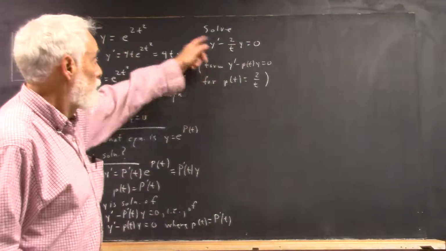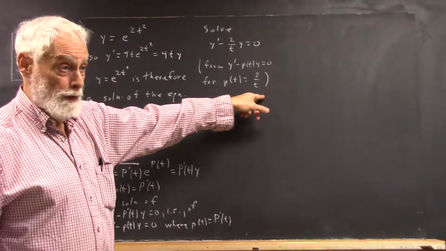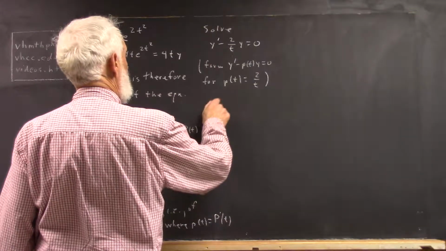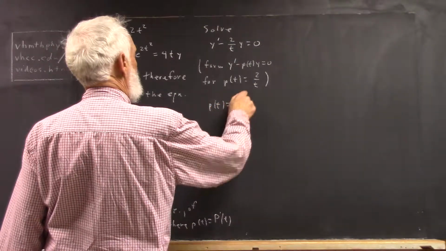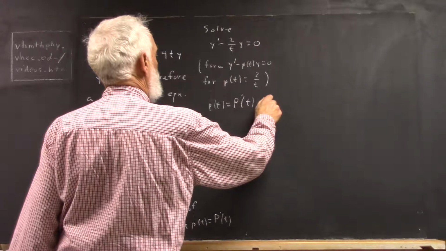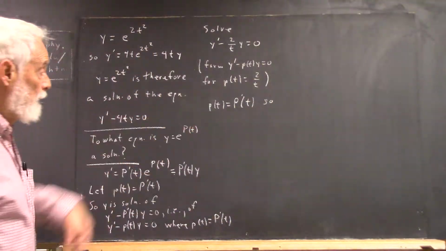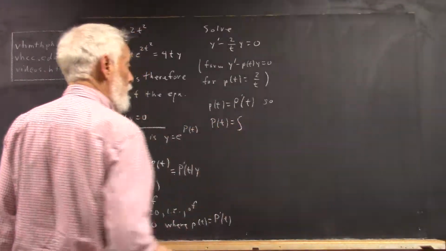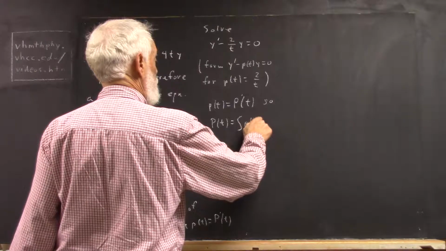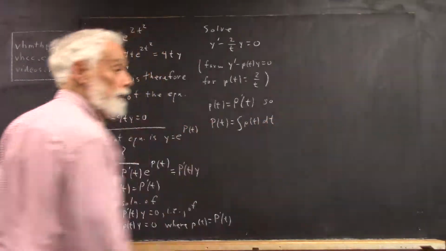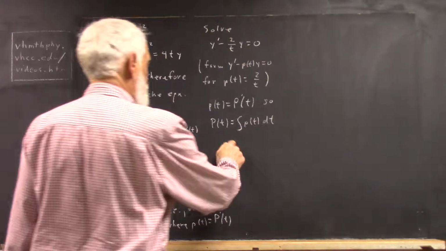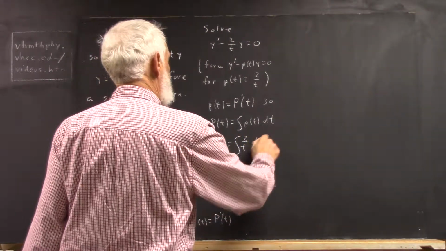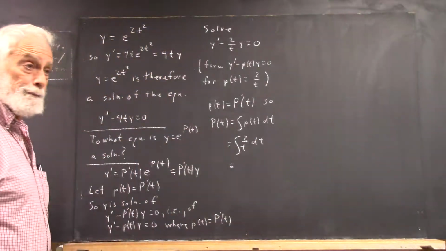Okay, so this is of this form, so little p of t is this, right? Well, if little p of t is this, little p of t is big P prime of t, so big P of t is an antiderivative of little p of t, which then equals antiderivative of 2 over t, right?